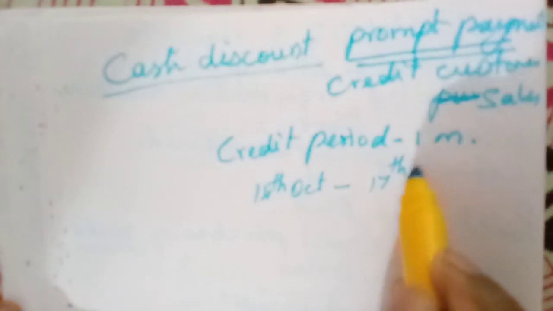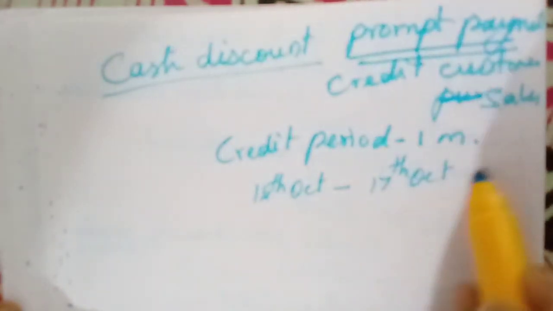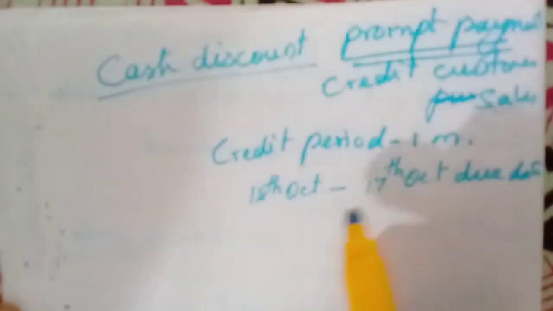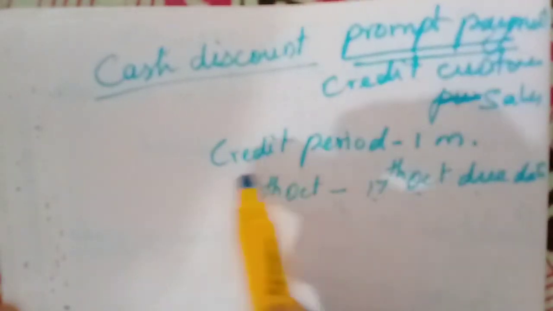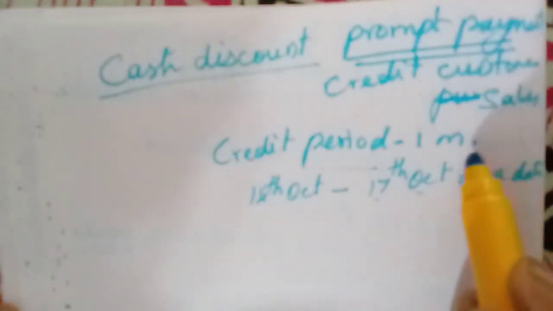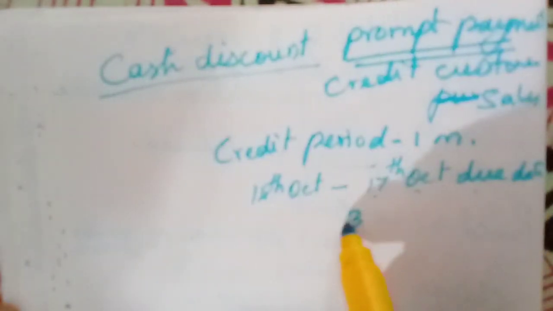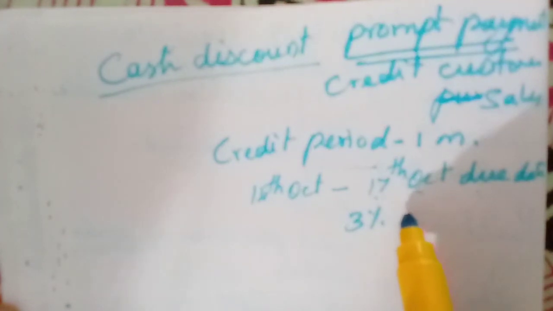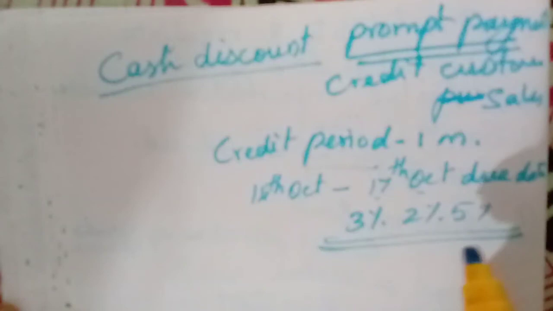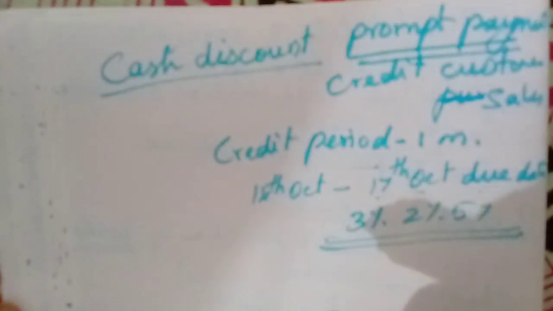So 17th November they have to pay, that is the due date. Okay, before the due date, if they make the credit payment, we will provide 1%, maybe 3%, or 4 or 2%, or at the most 5%.